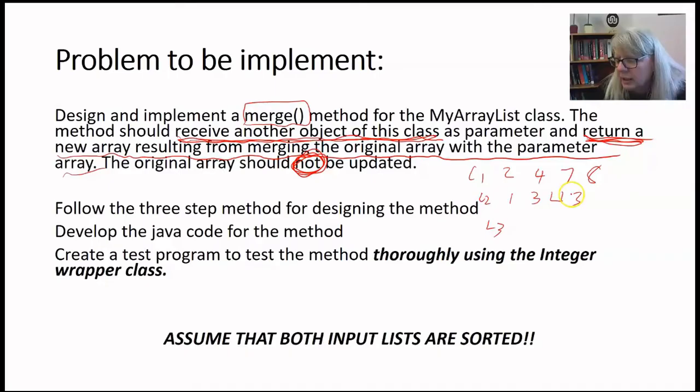First of all, assume both lists are sorted. So it's 2, 4, 7, and 8. That is sorted. 1, 3, 4, and 13. That is sorted. The merge, you guessed it, is 1, 2, 3, 4, 4, 7, 8, and 13.